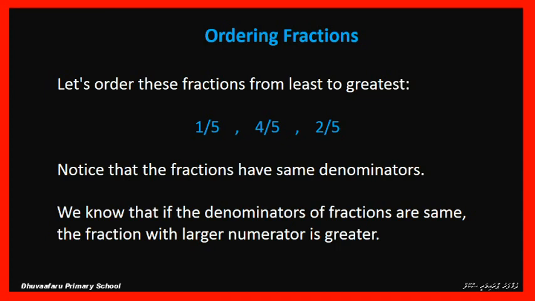Now, let's see ordering of fractions. Let's order these fractions from least to greatest: 1 by 5, 4 by 5 and 2 by 5. Here, do you notice that the fractions have the same denominators? We know that if the denominators of fractions are the same, the fraction with the larger numerator is greater.